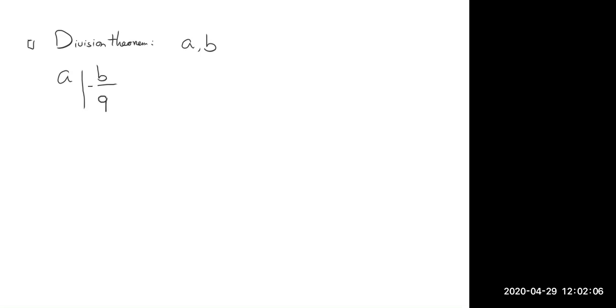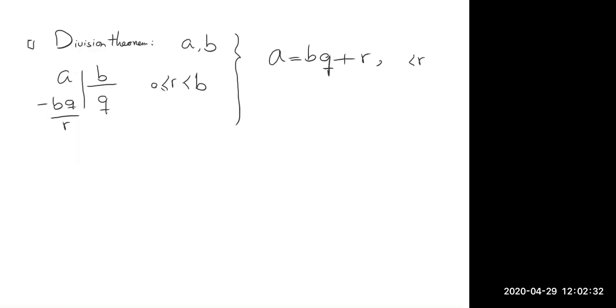There would be a number q such that a minus bq is going to be r, where r is an integer between 0 and b. In other words, a can be written as bq plus r, where r is greater or equal to 0 and less than b.